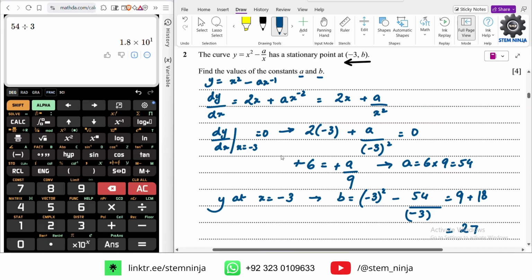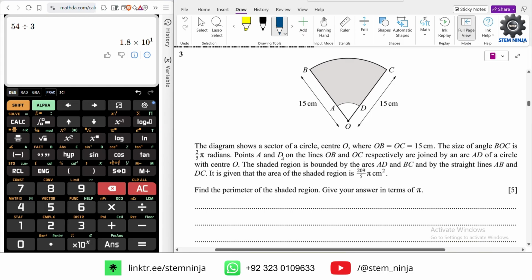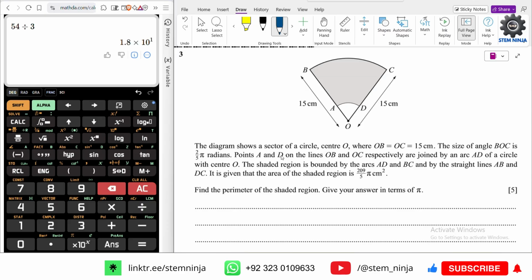Let's move on to the third one. Okay, so the diagram shows a sector of a circle center O, where OB equals OC equals 15 centimeters. The size of angle BOC is 2 over 5 pi radians.